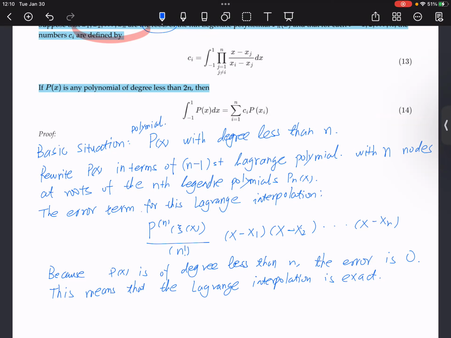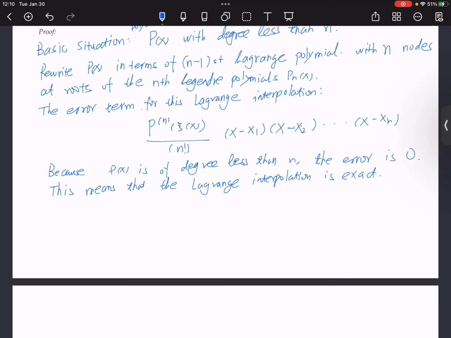So now let's go to the representation. We can write the function in this way because we have the Lagrange interpolation format, and we can rewrite it into the Lagrange interpolation format. We have n nodal points here, i equals 1, that is x1 to xn.